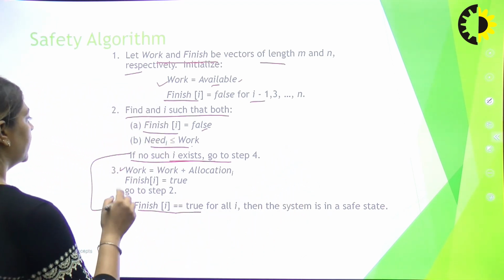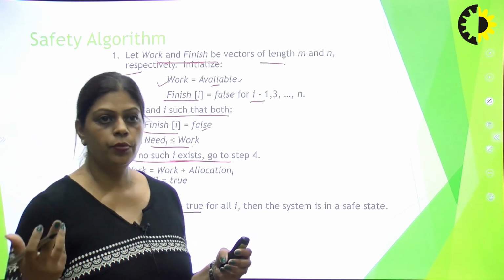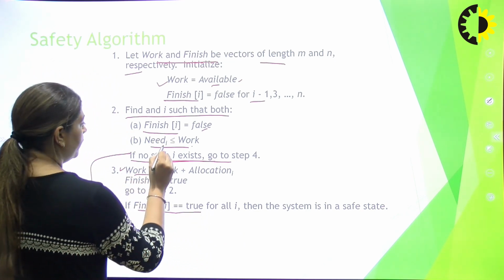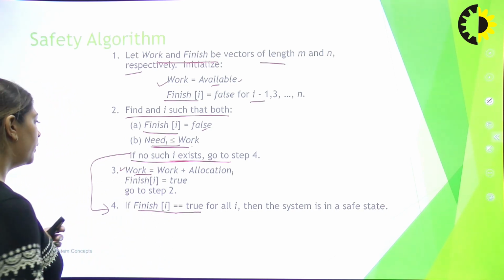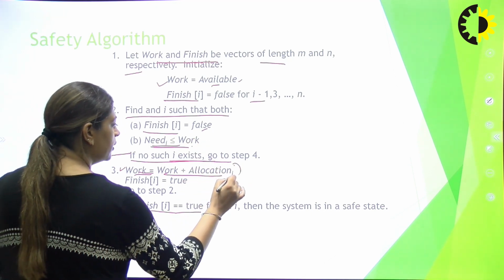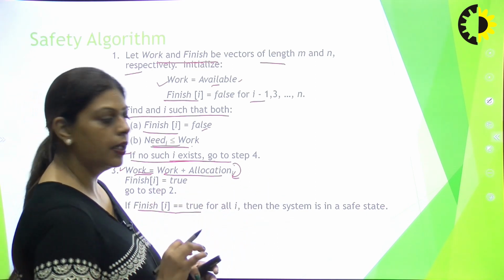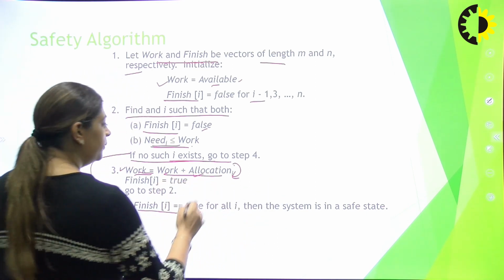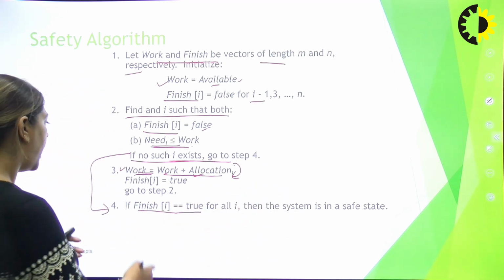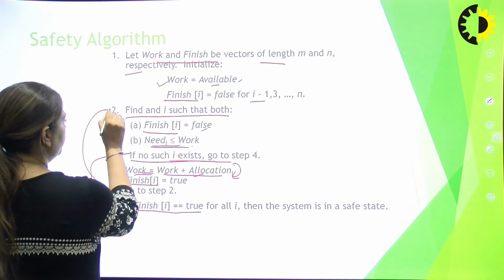But if we find such an i, meaning Finish[i] is false and Need is less than or equal to Work, then Work is equal to Work plus Allocation. This means we can complete that process and add its allocated resources to the available resources, so the number of free resources will increase. We set Finish[i] to true and go to step 2.